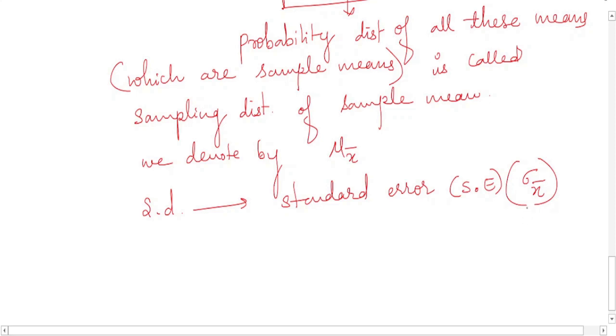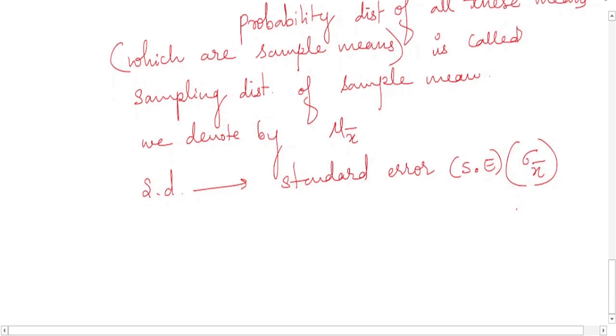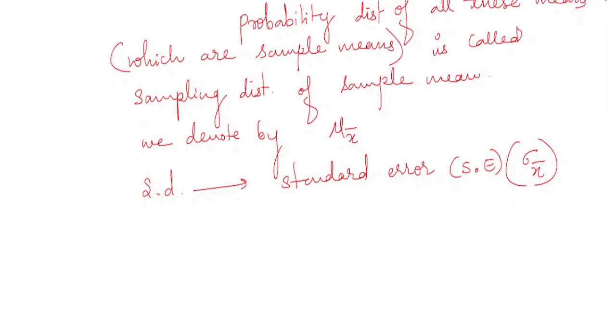So sigma x bar is nothing but the standard error, which is the standard deviation of all the sample means we have obtained after collecting the samples. Okay. Now this is a brief idea about the sampling distribution of sample mean.